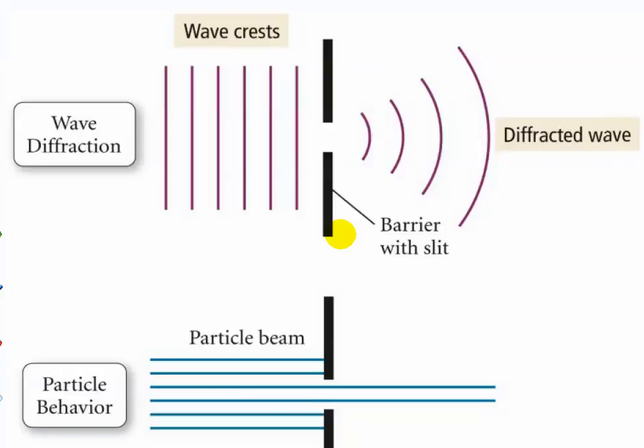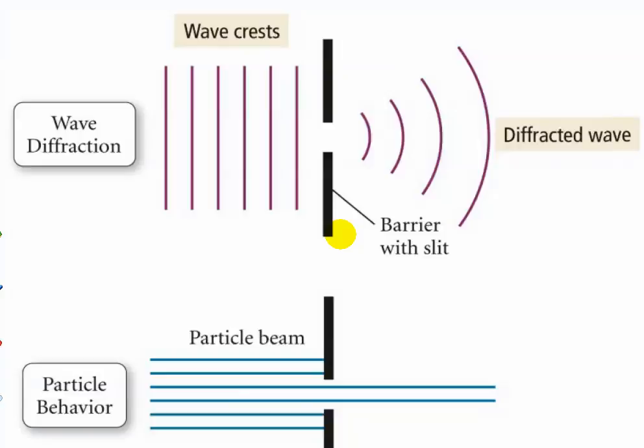That's pretty straightforward. If waves encounter a slit that is approximately the same size as the waves themselves, they do this weird thing called diffraction, where they bend and change the direction they're going. That's known as diffraction.